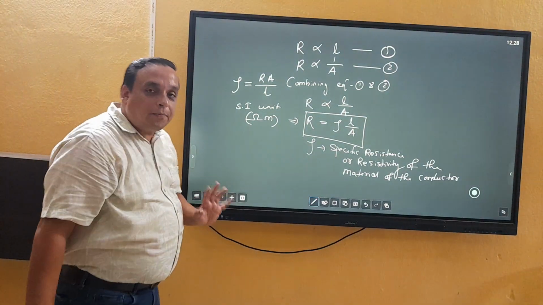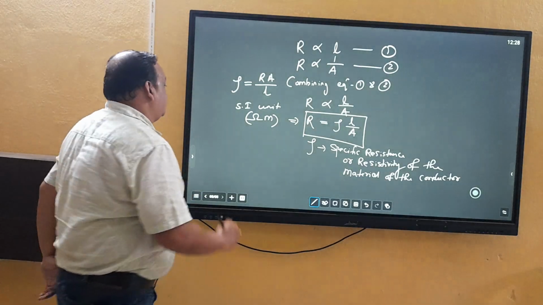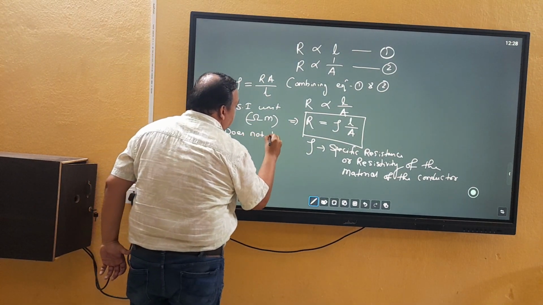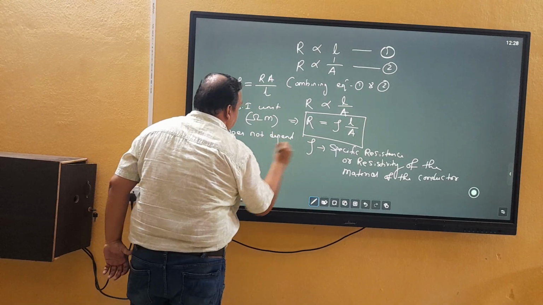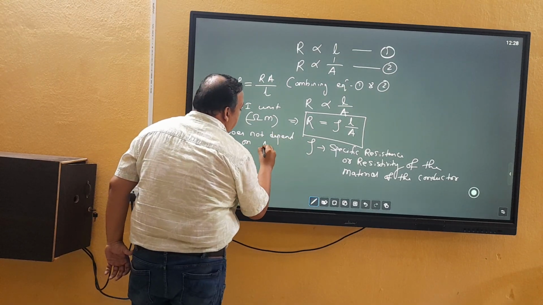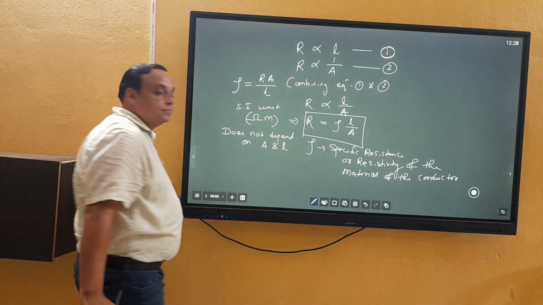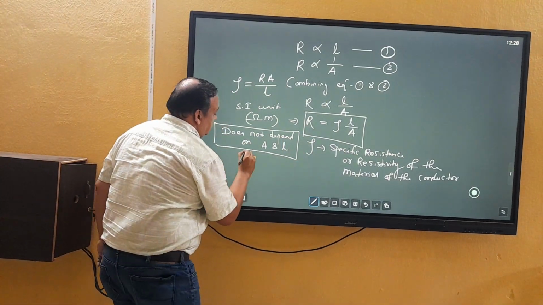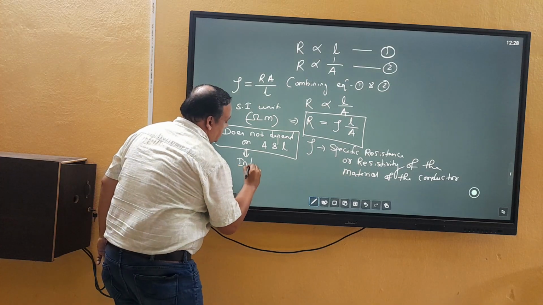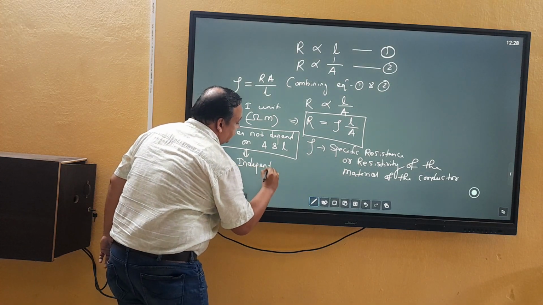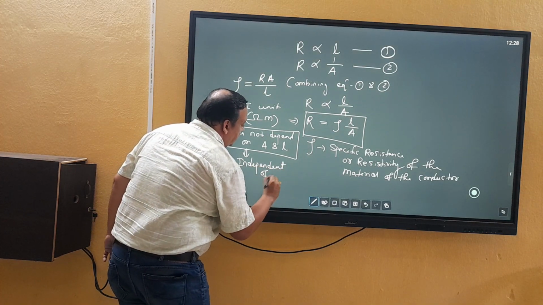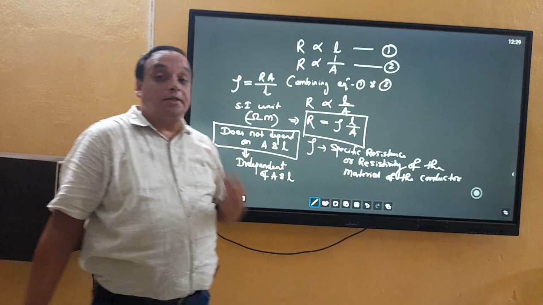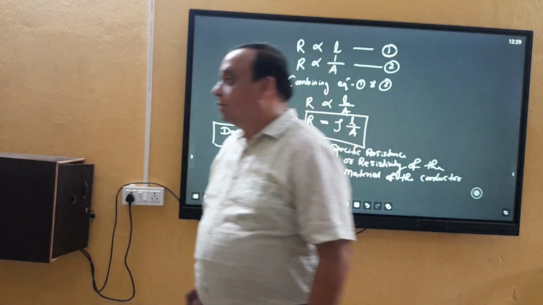It does not depend upon the dimension of the conductor. It does not depend on A and L. It is independent of A and L. It does not depend upon the thickness or length of the conductor.